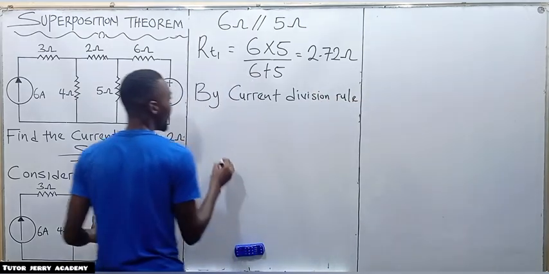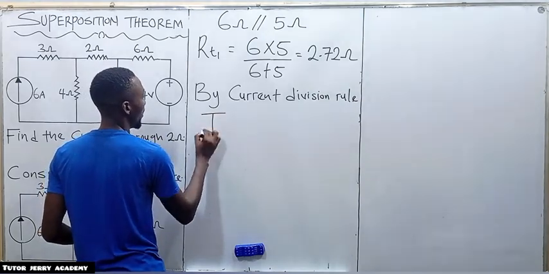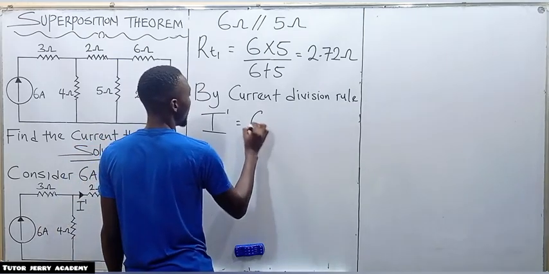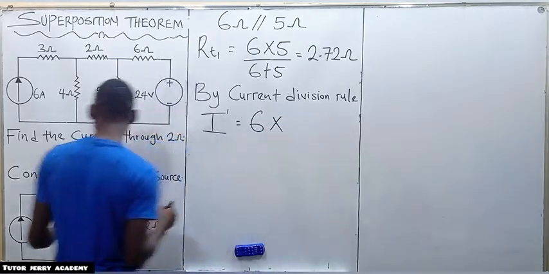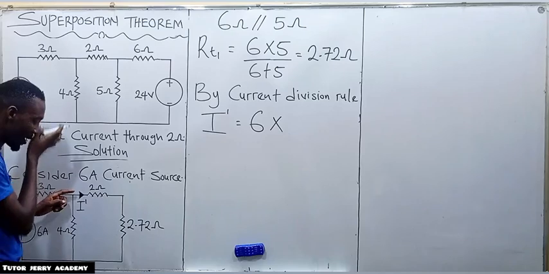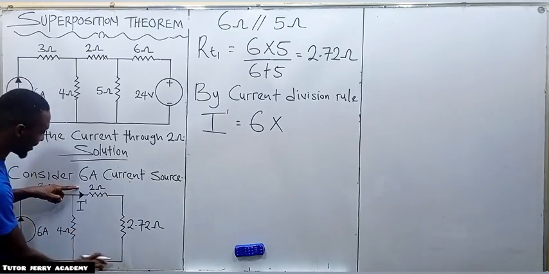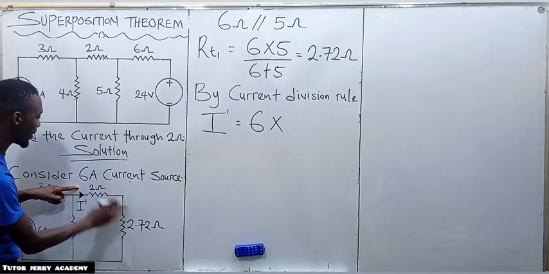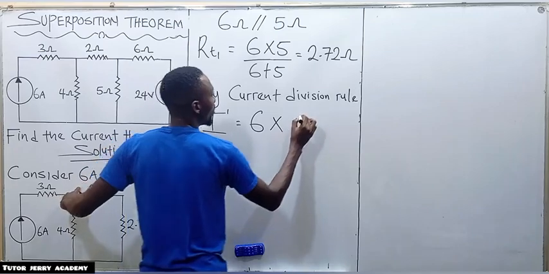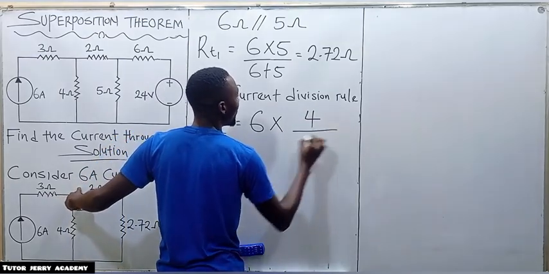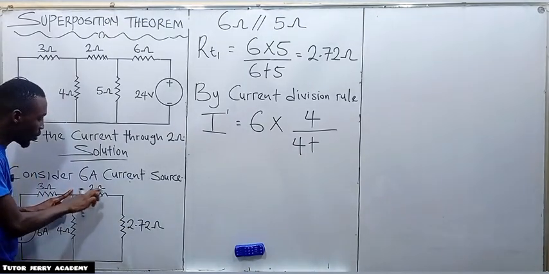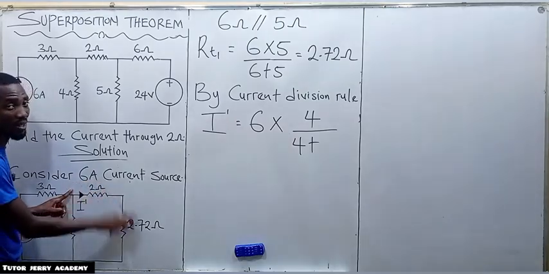we can say that I prime will be equal to the total current entering, which is 6, multiplied by the branch that is parallel to the 2 ohms branch here, which is 4 ohms. So it is 4 divided by 4 plus 2 plus 2.72, since the 2 ohms and this one are in series.